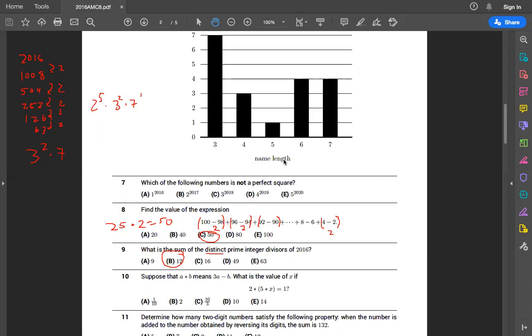So we're given that a star b means 3a minus b, and we want the value of x if 2 star, in parentheses, 5 star x equals 1. So for this type of problem, it's probably easier to work from the outside in. So what do I mean by that?